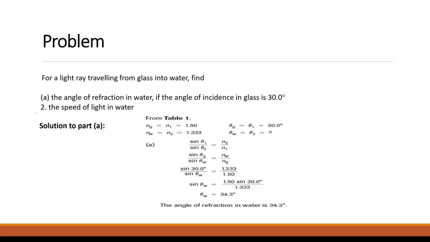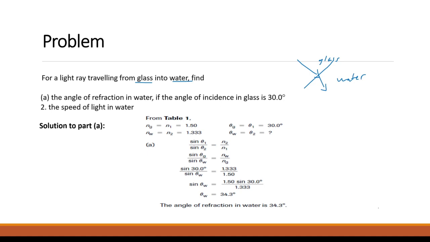Now let's look at a light example. For a light ray traveling from glass to water, find the angle of refraction in water if the angle of incidence in glass is 30 degrees. So we're going from glass into water. We're going to have some sort of refraction.